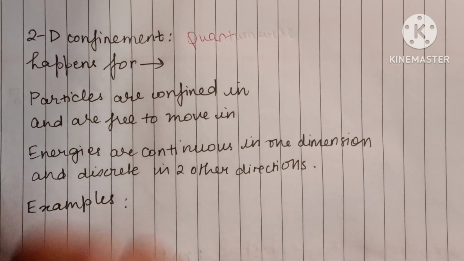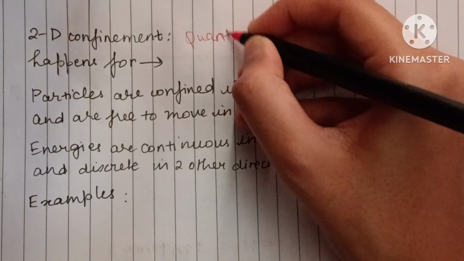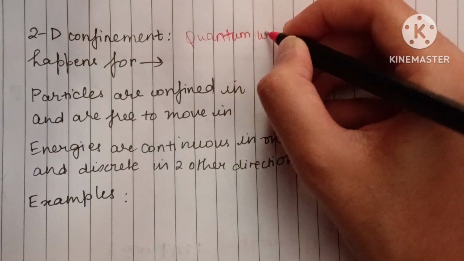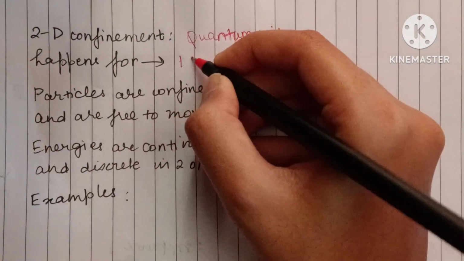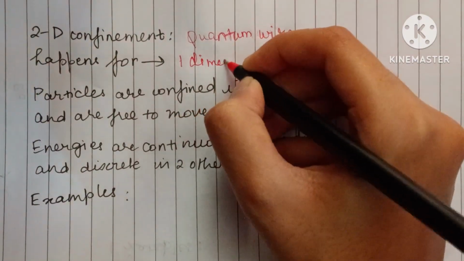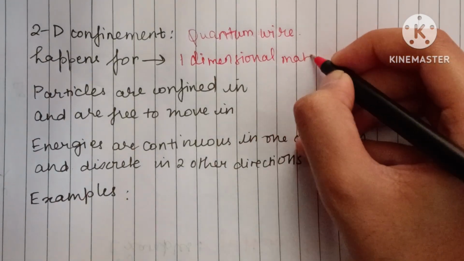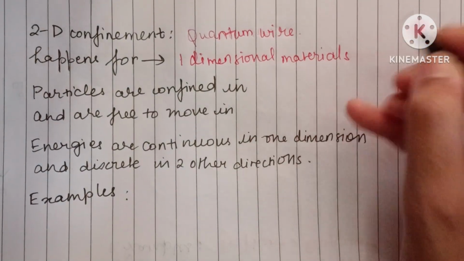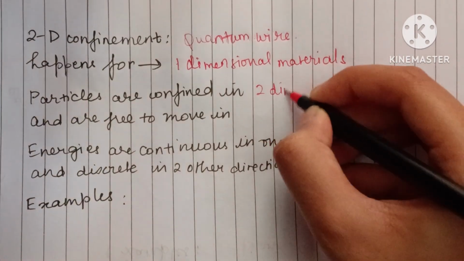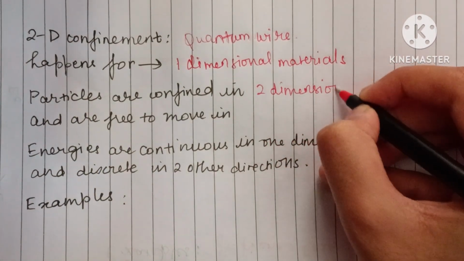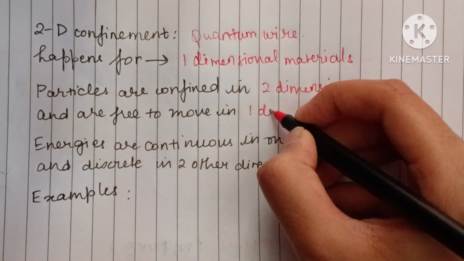Now, let us talk about 2D confinement, an example of which is a quantum wire. This happens for one-dimensional materials. In this, particles are confined in two dimensions and are free to move in only one direction.